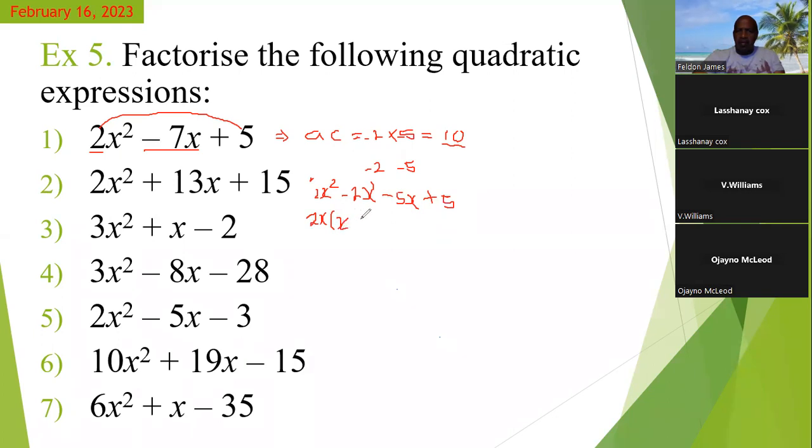And 2x into 2x leaves you with 1. All right. Now don't overlook the sign, because sometimes when we overlook the sign, we tend to multiply them and get the wrong sign. All right. So please just pay particular attention to the sign.